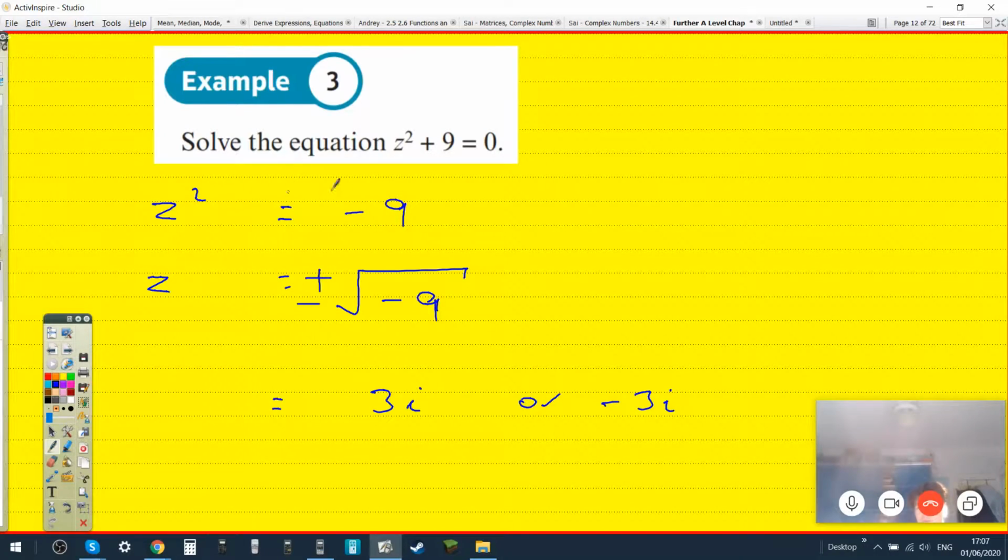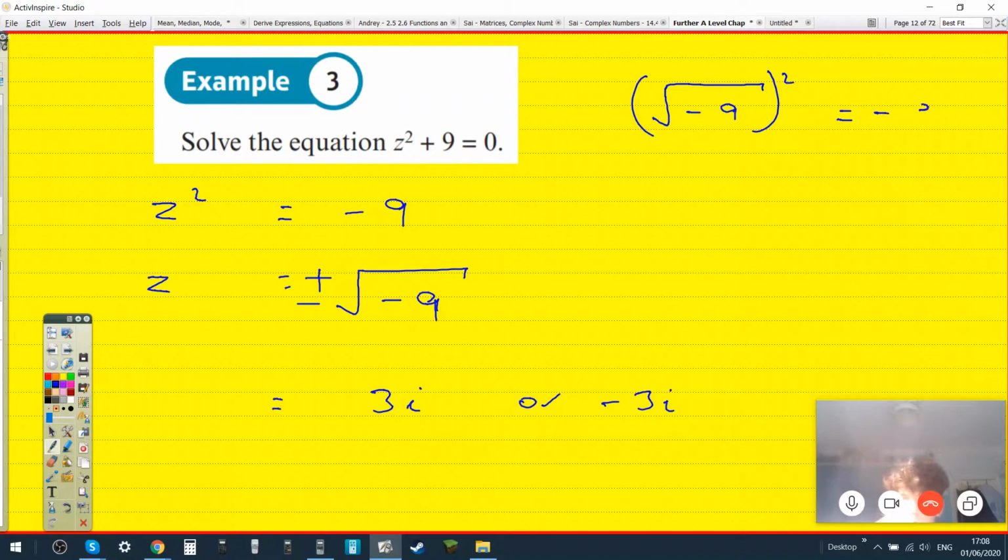And so Z squared is equal to minus 9, and so Z is equal to plus or minus root minus 9. How can you have a negative i? How can you have a positive i? Let's say Z squared is minus 9. So root minus 9 squared, what will that be?